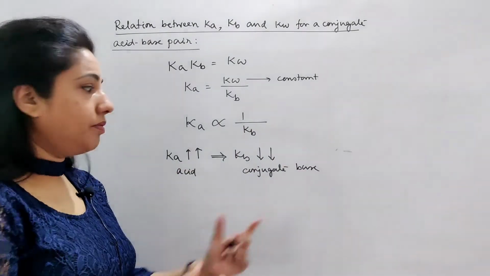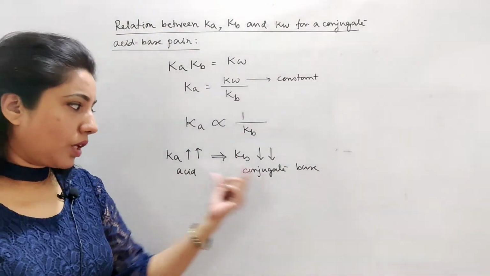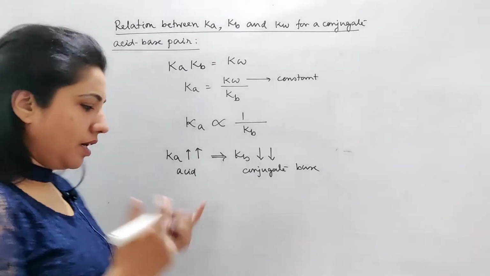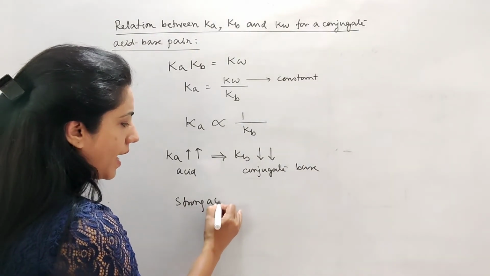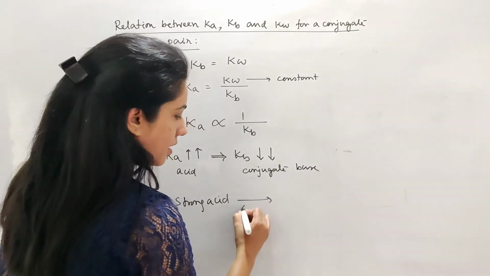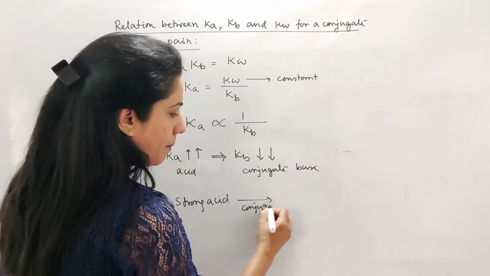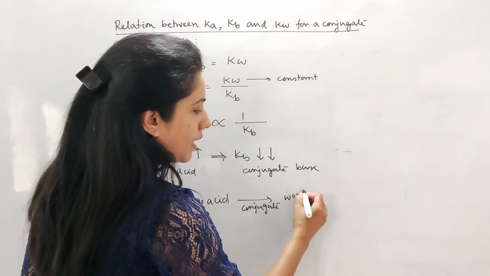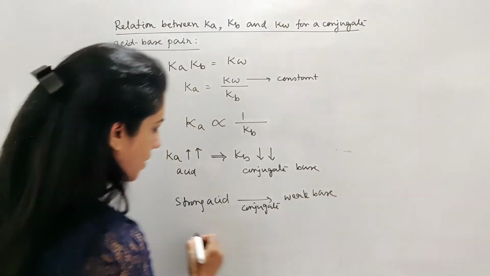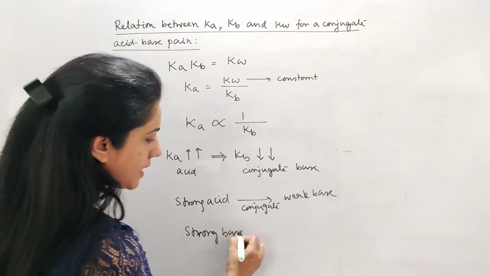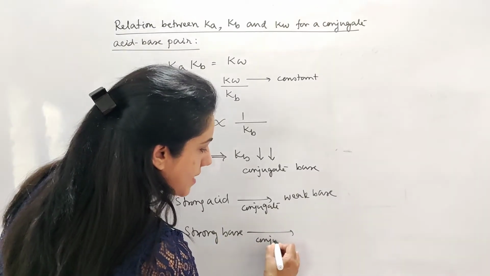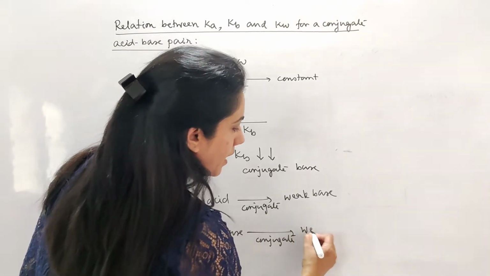And vice versa, if the base is strong, the conjugate acid will be weak. What does it mean? Suppose I give you a strong acid, then the conjugate base will be a weak base, and vice versa. If I give you a strong base, then the conjugate acid will be a weak acid.